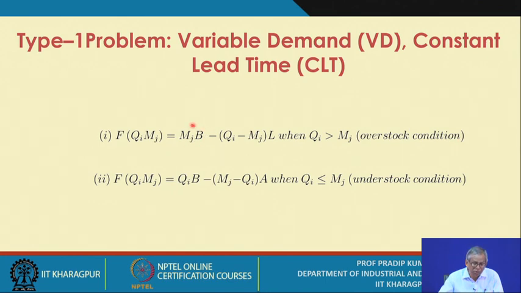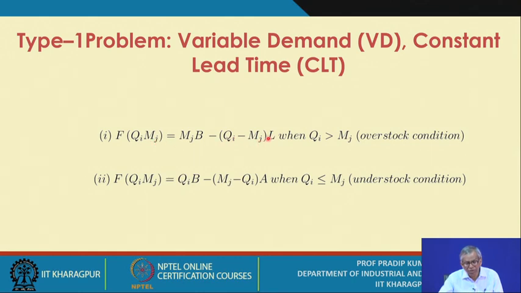Whatever the demand Mj is, only that much you can sell, and per unit selling you get a profit of B. So it is B into Mj minus the units you are unable to sell, Qi minus Mj, that is the overstock, because Qi is greater than Mj.